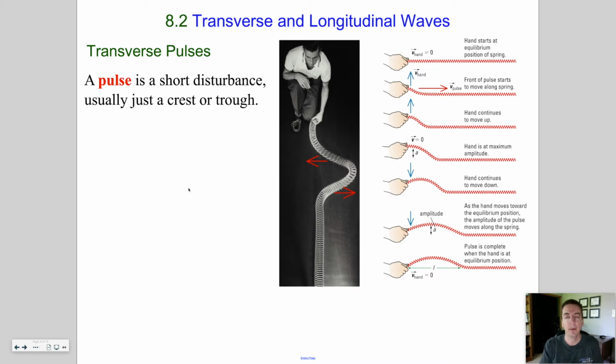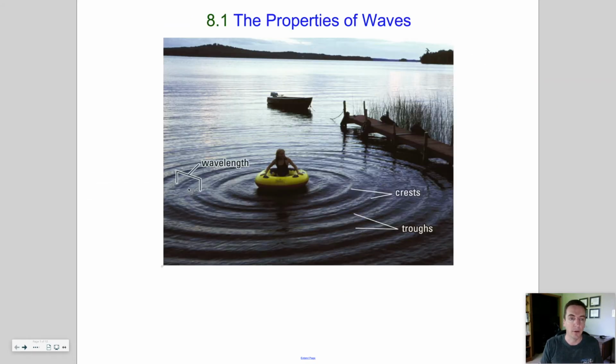Okay. Two types of waves we're going to talk about. Two types of what we call mechanical waves. A mechanical wave is a wave where the particles of the medium that the wave is traveling through oscillate back and forth with simple harmonic motion, but the energy passes through the medium. Getting back to the example of a water wave, you've got somebody bobbing up and down.